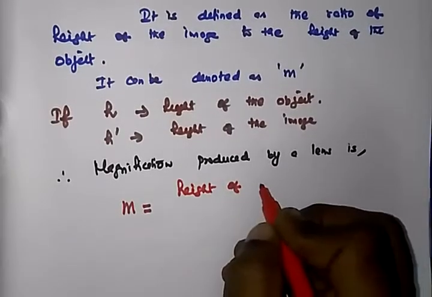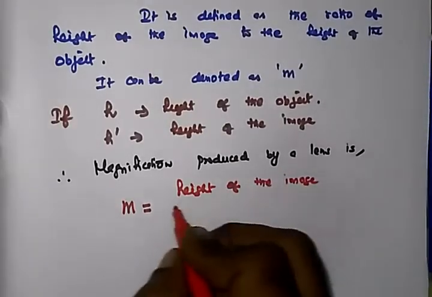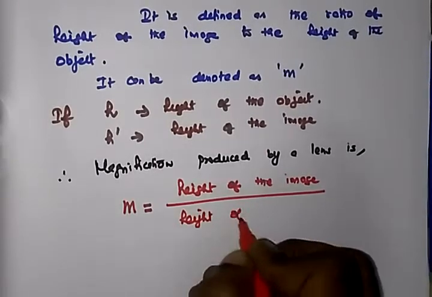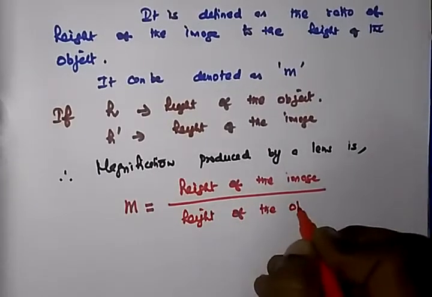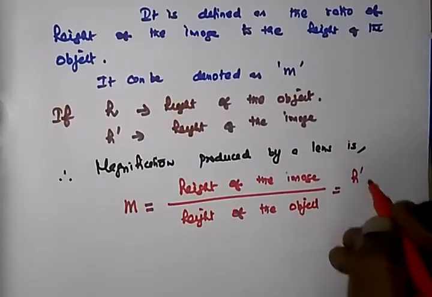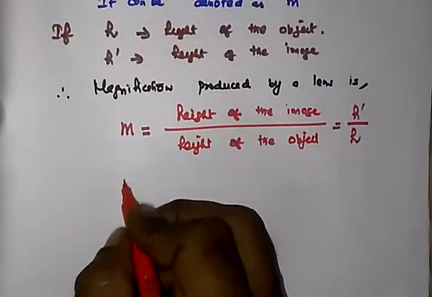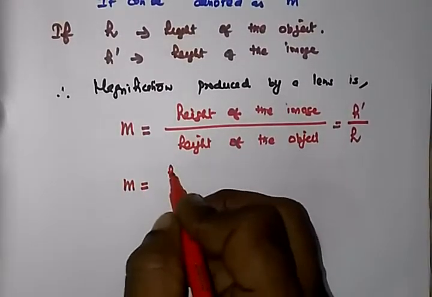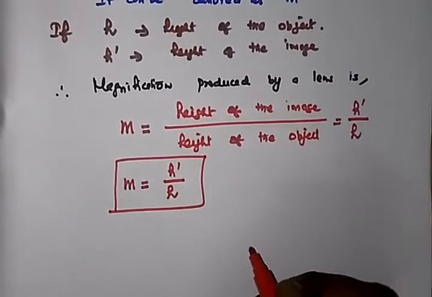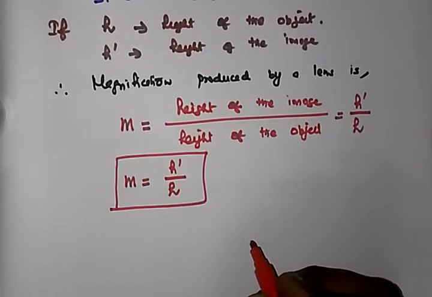Height of the image to height of the object. So what is that? h dash by h. m is equal to h dash by h. So this is called magnification of lens.